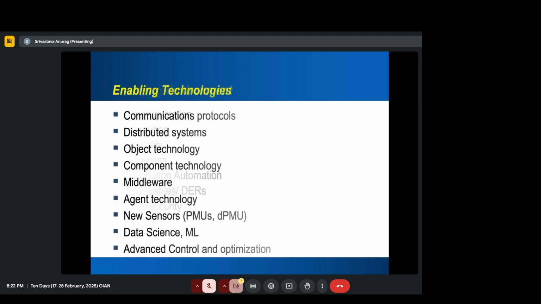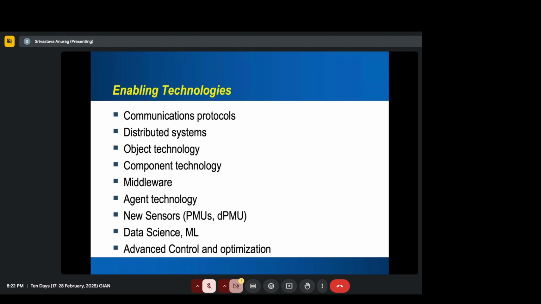To handle the challenges, there are some enabling technologies. Of course, we have a more advanced communication protocol, distributed computing system, and distributed generating system, along with object technology and component technology. And then there is middleware, which is a technology to connect things.